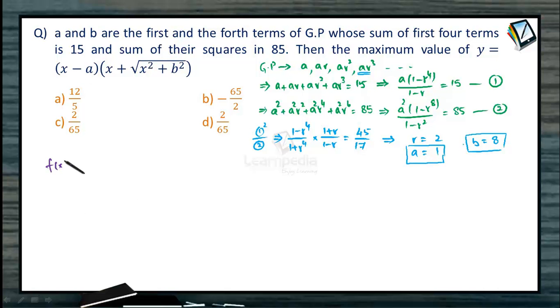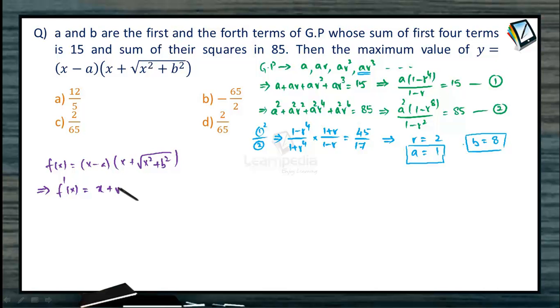Now let us consider the function f of x given as x minus a into x plus square root of x square plus b square. Then what is f dash x? F dash x would be, as this is a product of two factors, derivative of the first part x minus a is 1.